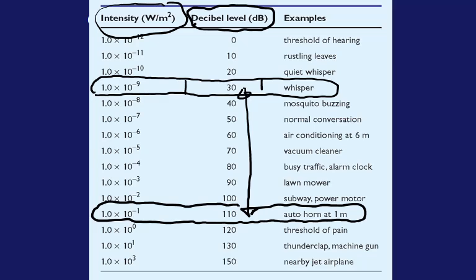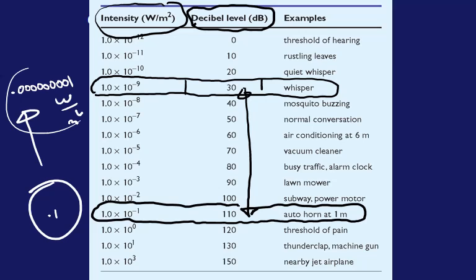But look at how much more air is being pumped. In this case, you have 0.1, 2, 3, 4, 5, 6, 7, 8 watts per meter squared. But with a car horn, 0.1. This is so much more than this, right? I mean, how many times more? Crazy amount, right? So you have a lot more air being pumped, but to you, it only sounds maybe 4 times as loud, which is pretty crazy, right?